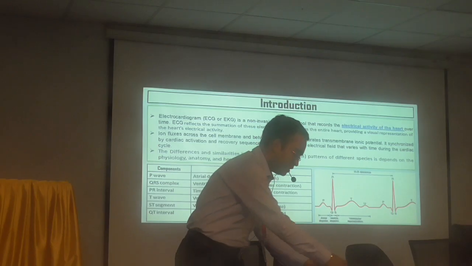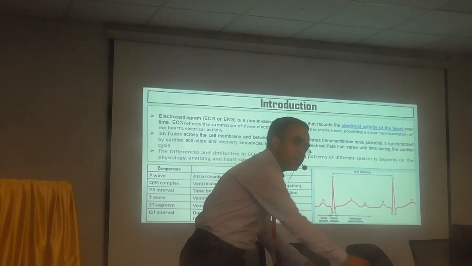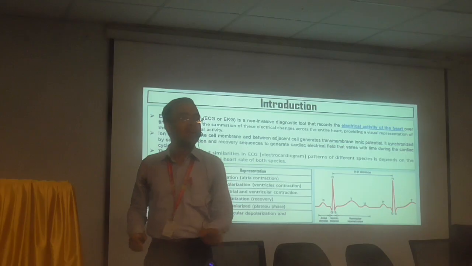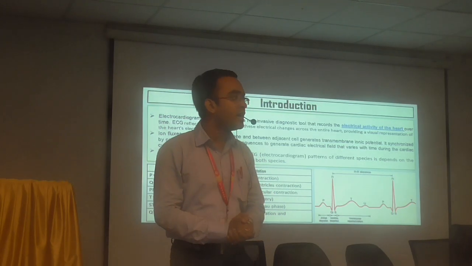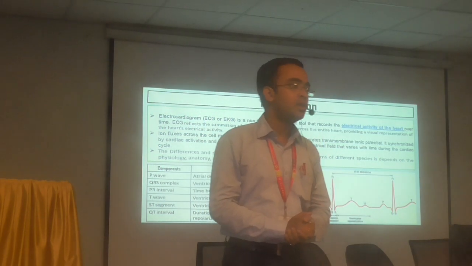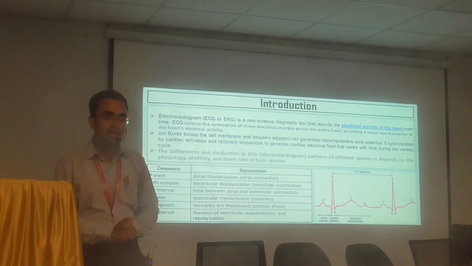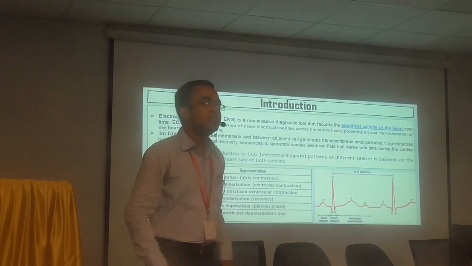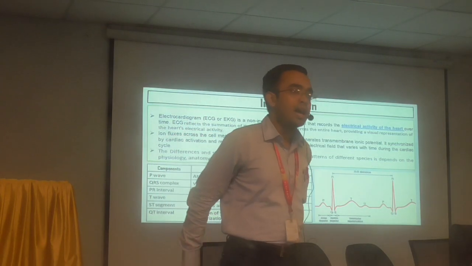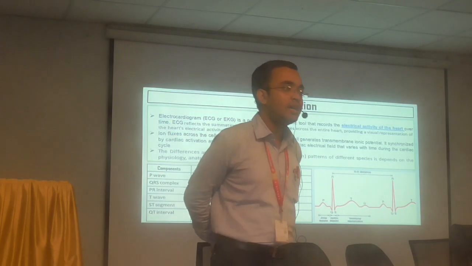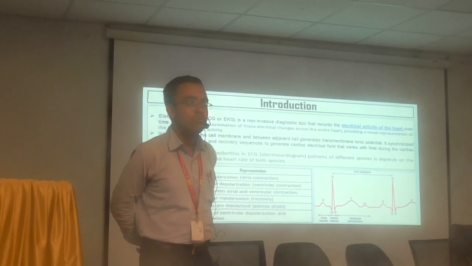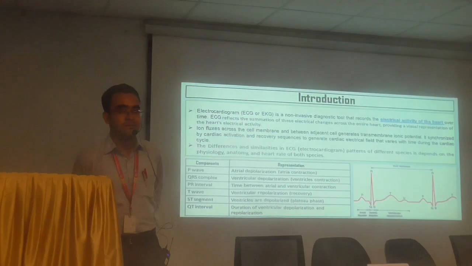This one cell, this one cell, this one cell, and each cell membrane contains various voltage gated ion channels. And inside the cell, it is negatively charged, around minus 90 millivolt, that is known as the resting membrane potential, right?